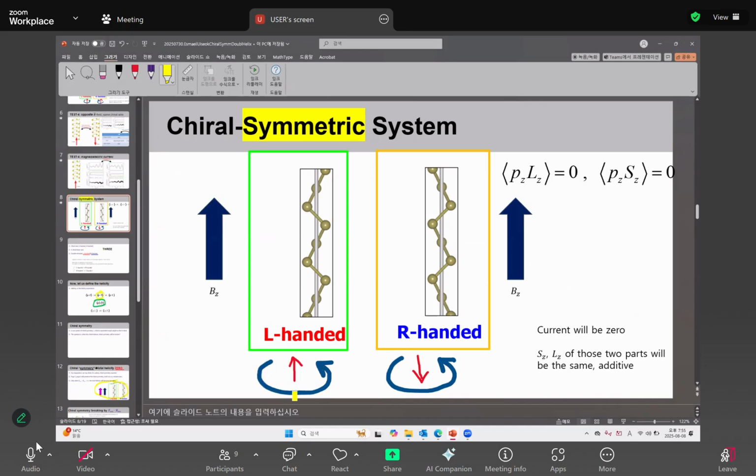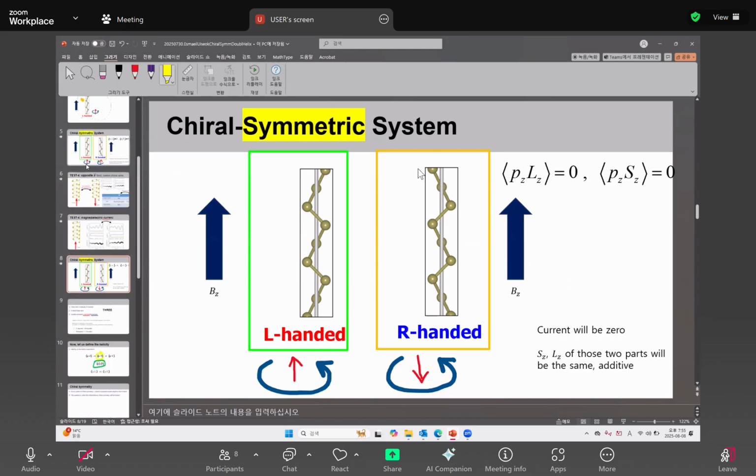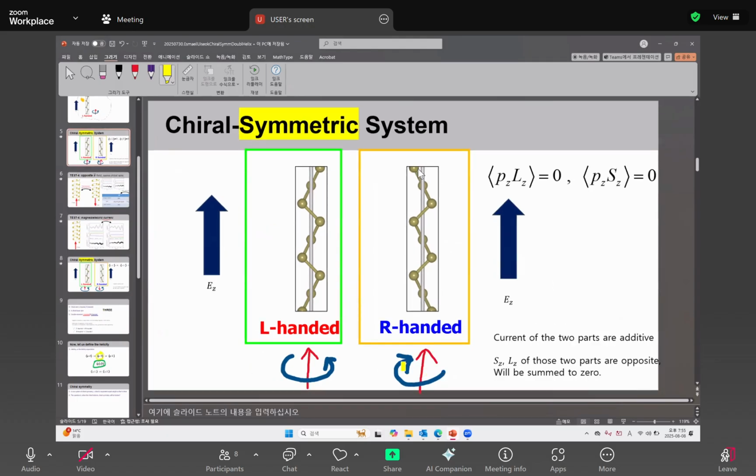This right-handed rotation has angular momentum up, so the momentum and the angular momentum are parallel. The left-handed rotation has angular momentum down, so it is opposite to the linear momentum. So the interpretation is the same, I think. Do you understand?